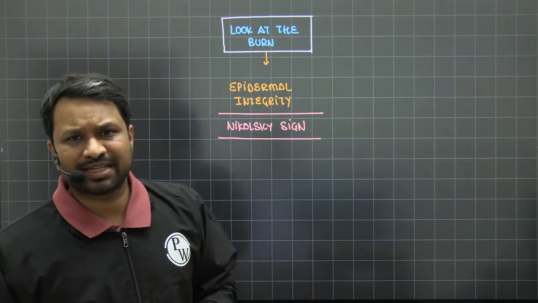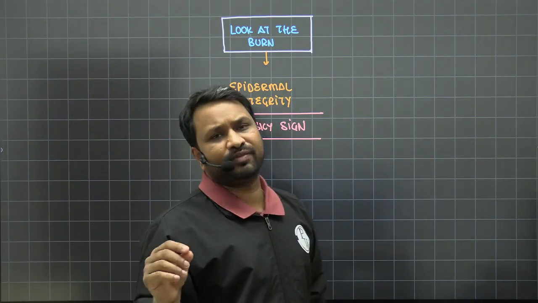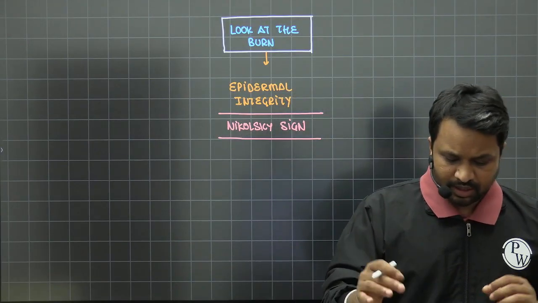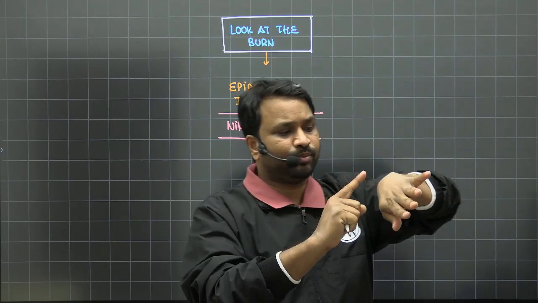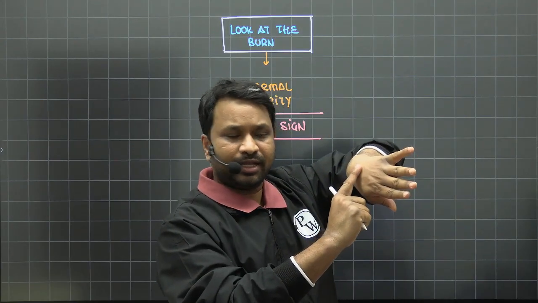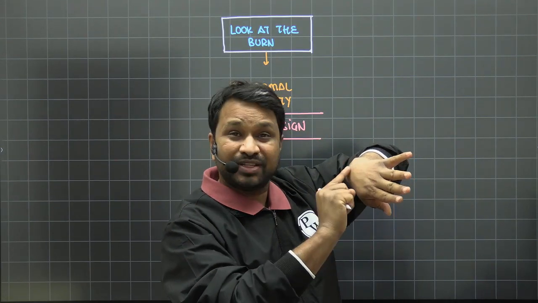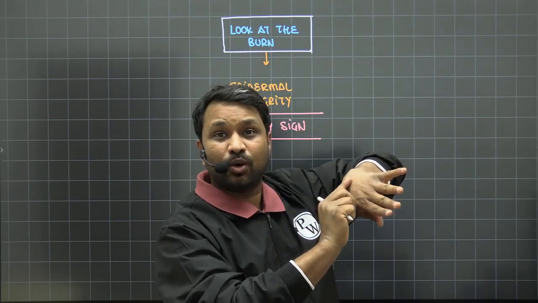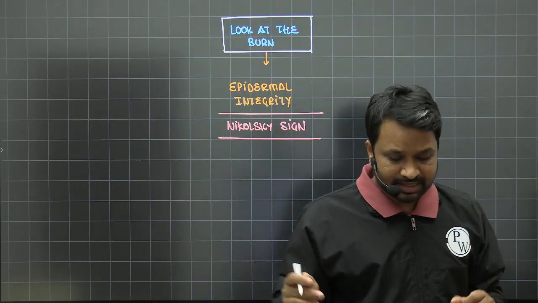That means the Nikolsky sign tells you that the superficial part of the epidermis has given way. So how do you do a Nikolsky sign? You just gently put the hand on the skin and then you try to rub it off. If you rub it off and the epidermis peels off without any resistance, we call it Nikolsky sign positive.